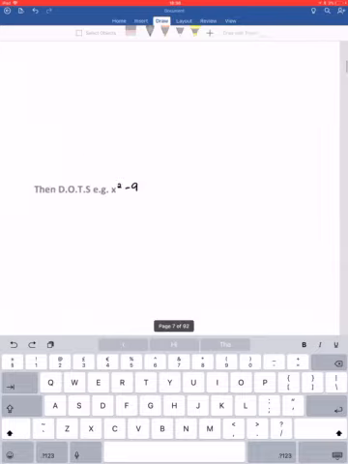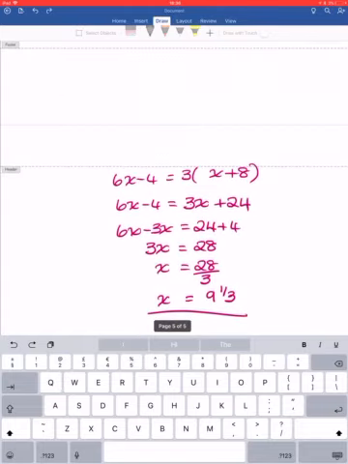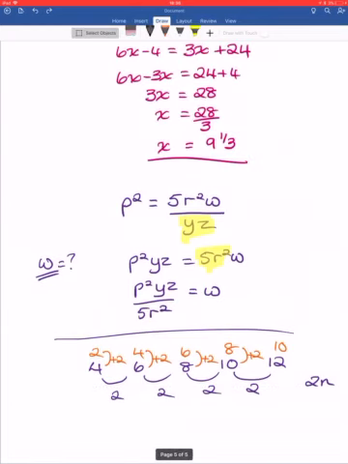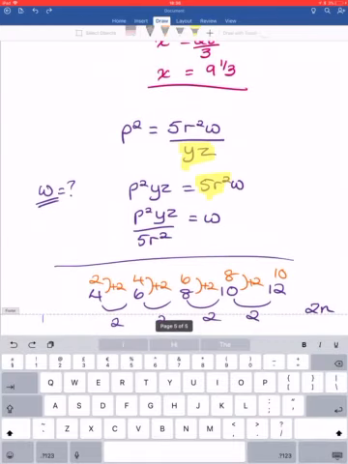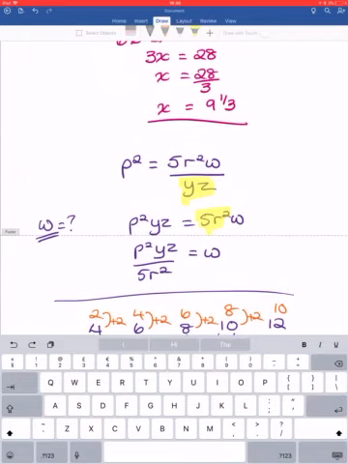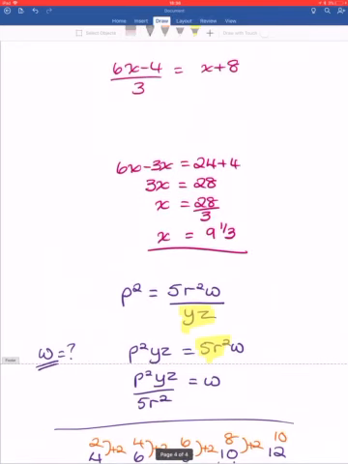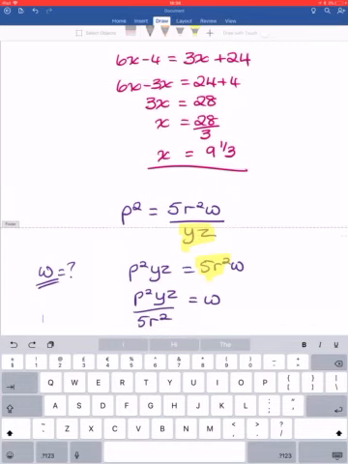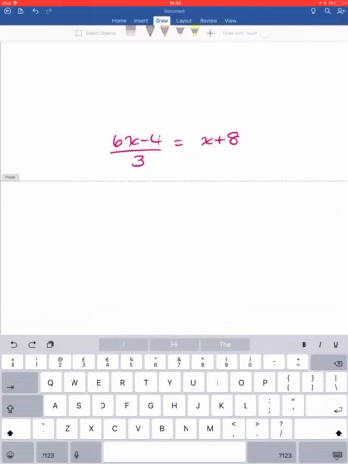So maybe if we just undo all this, we'll get somewhere.